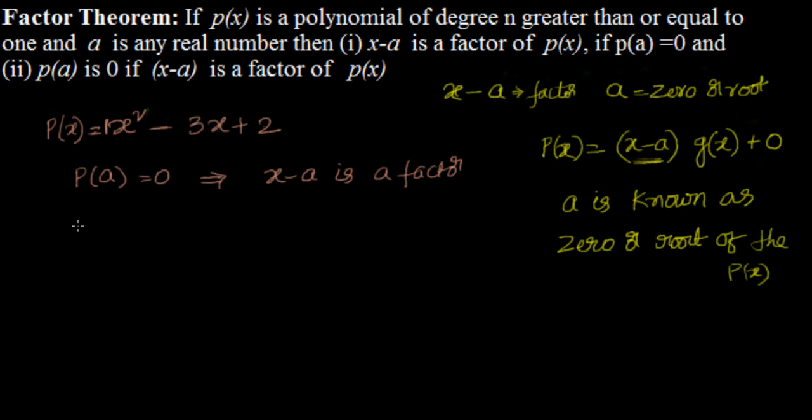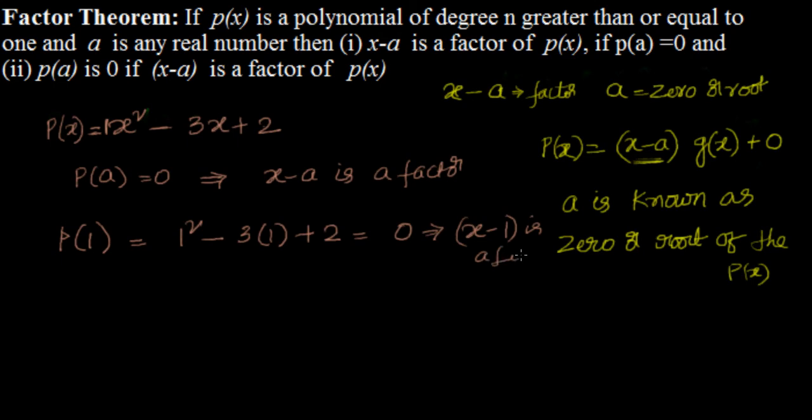So I know that if I substitute 1, I should get 0. So p of 1 is equal to 1 square minus 3 into 1 plus 2, that is nothing but equal to 0. Immediately you know that x minus 1 is a factor. Similarly, let us check for p of minus 1.